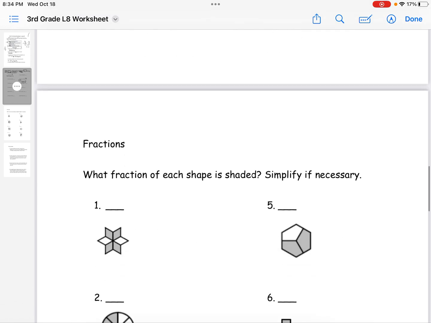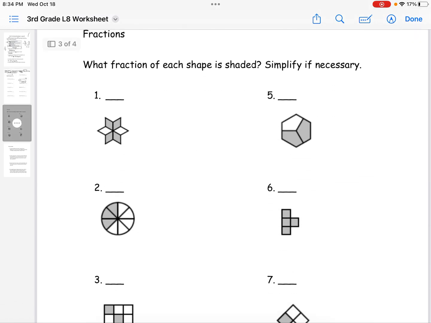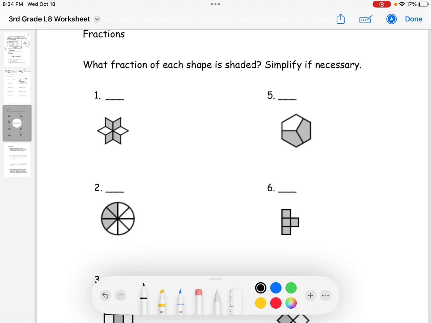We'll go on to page 3, which says, what fraction of each shape is shaded? Simplify if necessary. So we start off with number 1. If you're looking at the shape, we know it has 1, 2, 3, 4, 5, 6 sides to it, like this. So we put 6 on the bottom, since that's the total, the denominator.